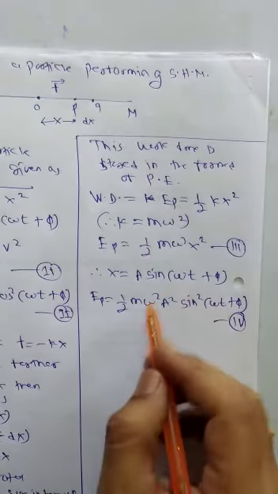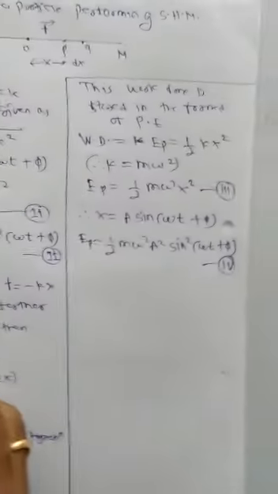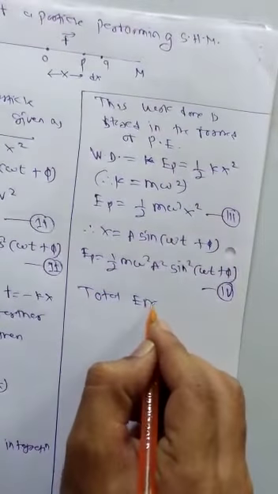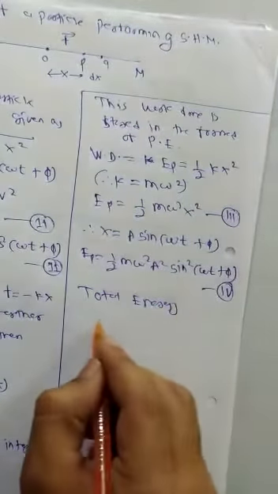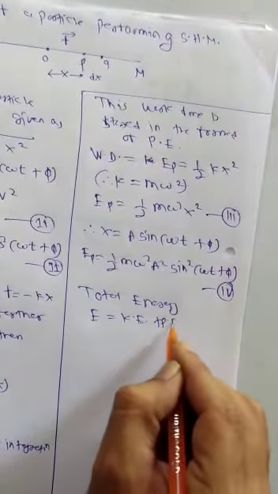Now we have calculated this potential energy, and we have calculated the kinetic energy. So total energy is nothing but kinetic energy plus potential energy.